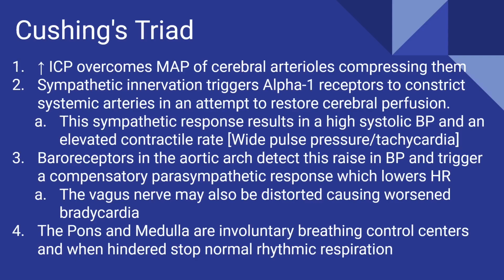So initially, when the brain starts to increase in pressure, we see that pressure overcome the mean arterial pressure. And so what ends up happening is that the vessel doesn't have enough outward pressure to overcome the inward pressure, so the vessel will compress.